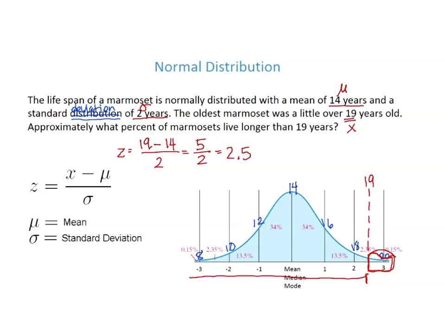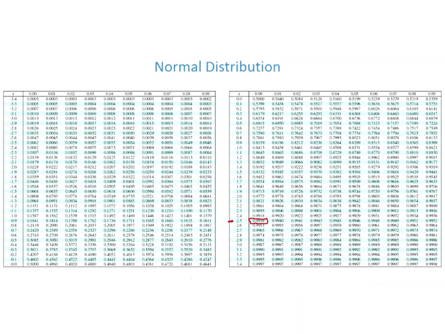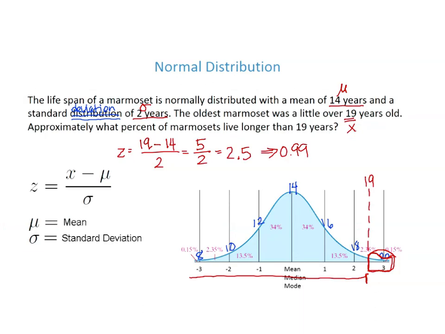So this z-score correlates to a probability of 0.99, and was it 38? Let me just double check, yes. 0.9938, which means the probability of everything up to this point added together is 0.9938.